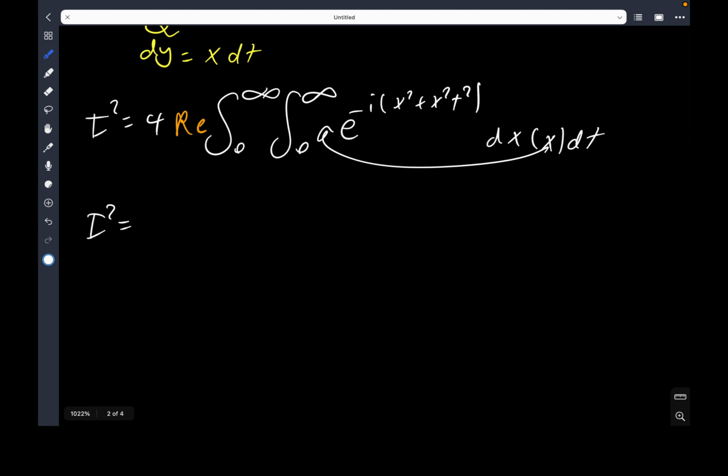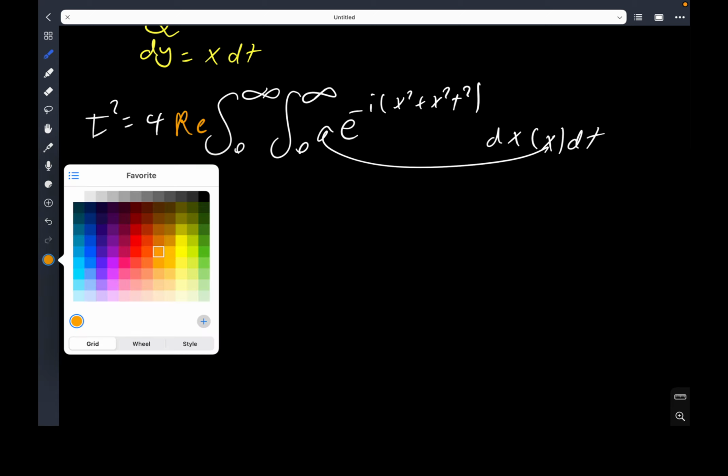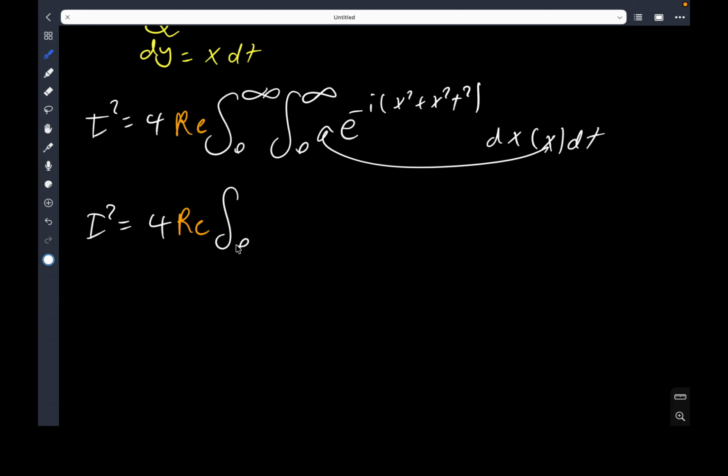Thus I squared is for the real part of the integral from 0 to infinity of x e to the negative i, factoring out x squared, 1 plus t squared, dx dt.